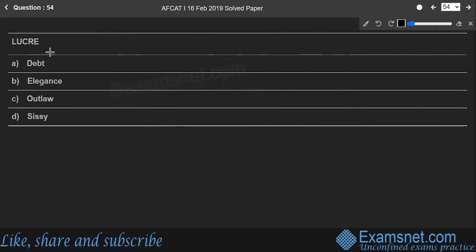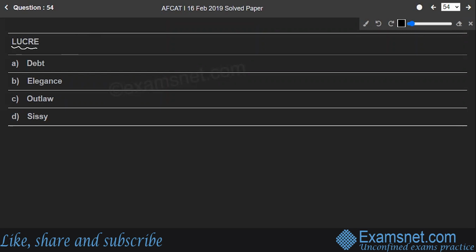Let's move to the next question, number 54. Now there are certain instructions for question number 54 to 56. In the following questions, you have to choose the word which is having the opposite meaning to the given word. So this is the word, and you have to find out of these four options which is going to be the opposite meaning. So the given word is lucre.